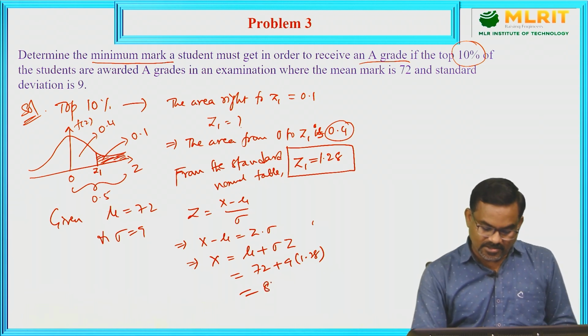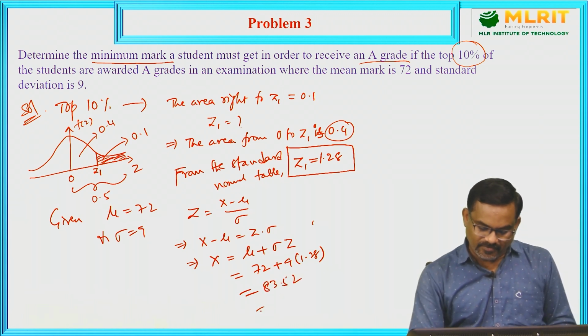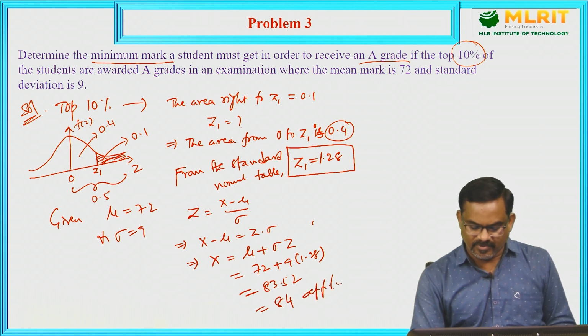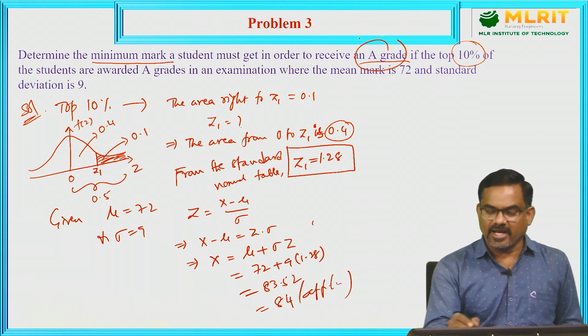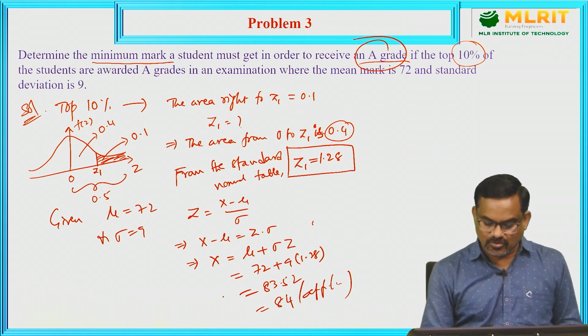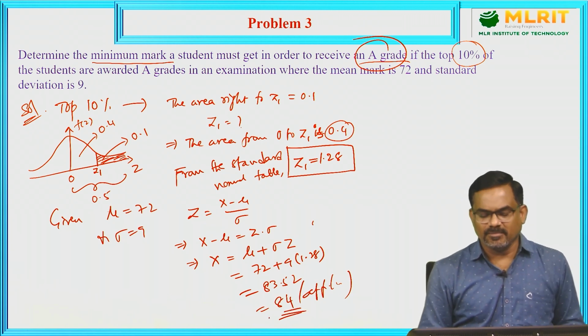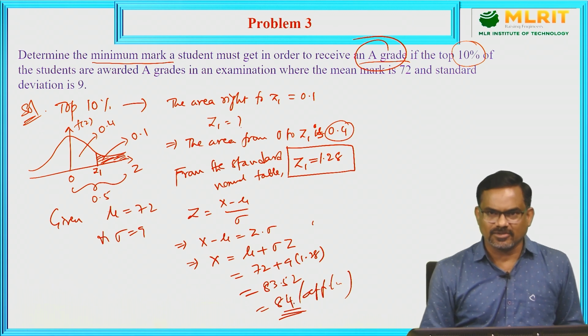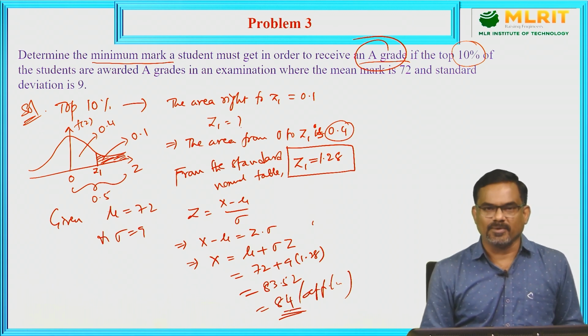So the result is 83.52, which is 84 approximately. So in order to score A grade, the student has to score 84 marks, minimum, at least 84 marks. So to receive A grade, the student has to score at least 84 marks or 83.52 marks.